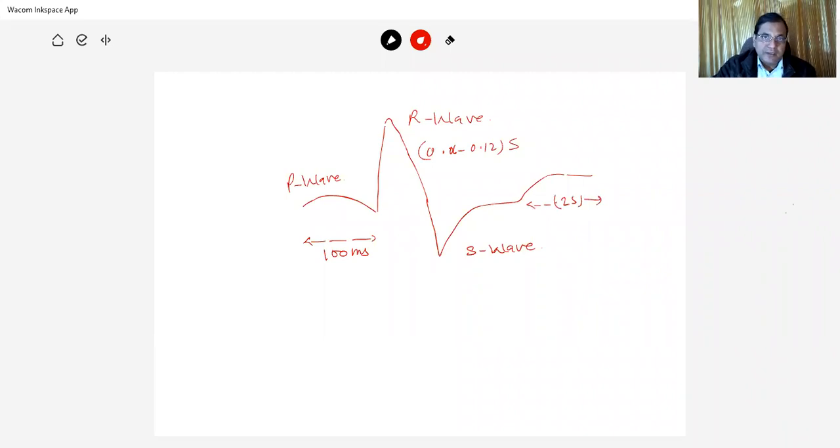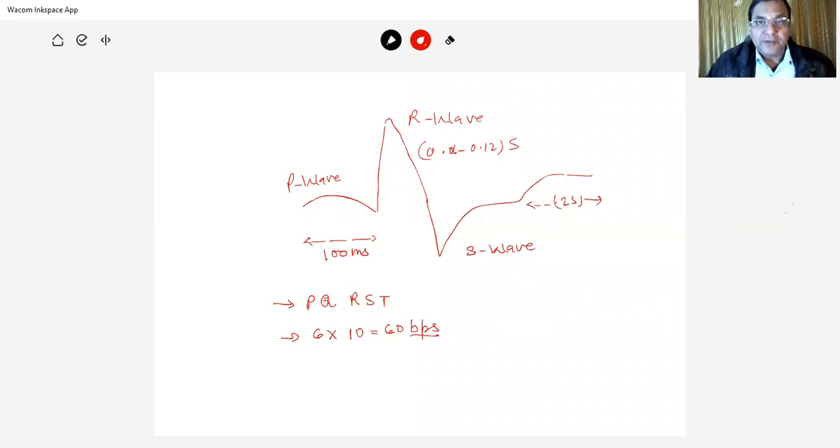So the whole region is P, Q, R, S, T. And that gives the information 6 into 10, so 60 beats per second, that is the pulse. That pulse is considered here. So these are the points that we have discussed here.